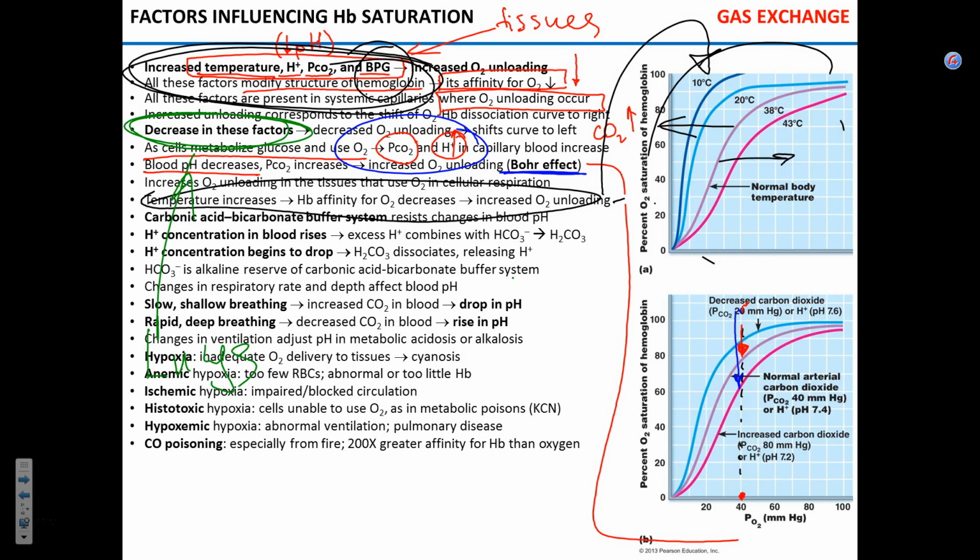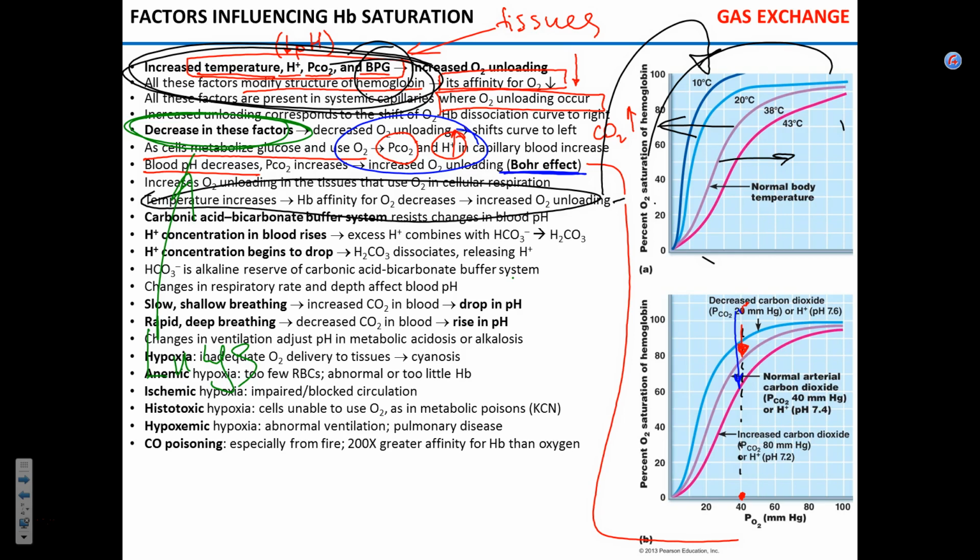Now, when these factors are decreased, it's not unloading that happens. Loading happens. You see what I'm saying? Does it make sense? Please give me some kind of a sign that it does or it doesn't. It's totally fine. If it doesn't, we'll explain it again. Make sense? So it has to load in the lungs so it can get the oxygen to the system.